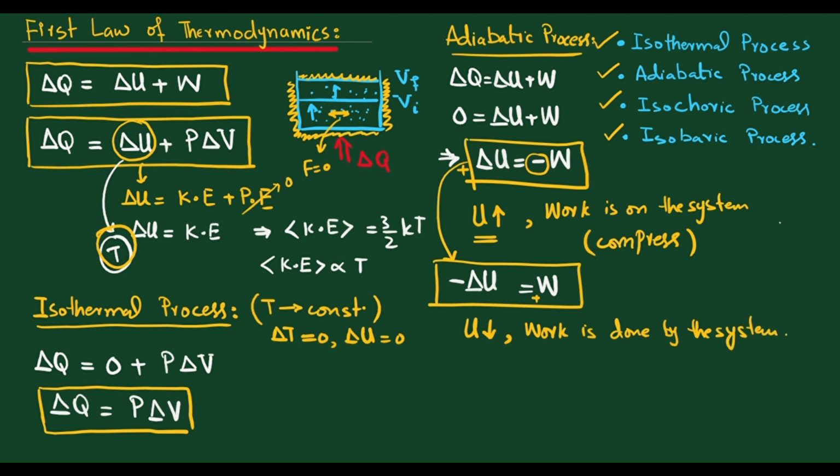Means if the gas expands without heat entering, if the heat entering the system is zero and the system expands, then the internal energy will decrease and the work is done by the system.